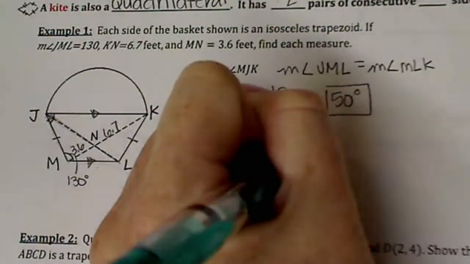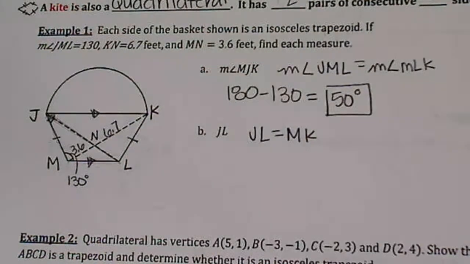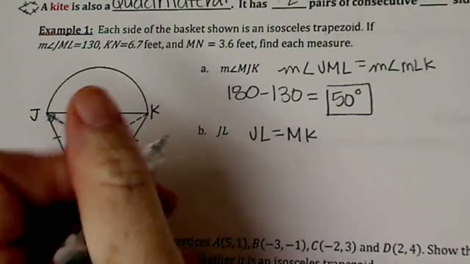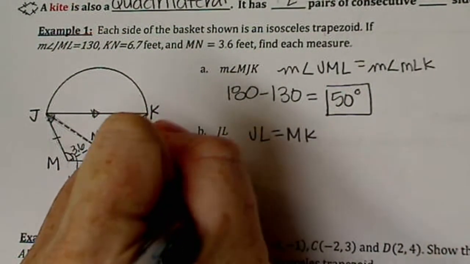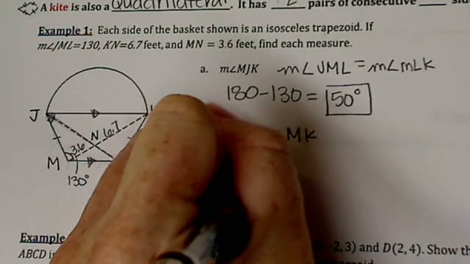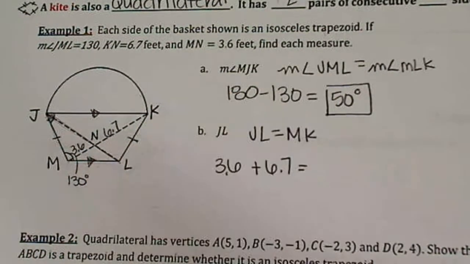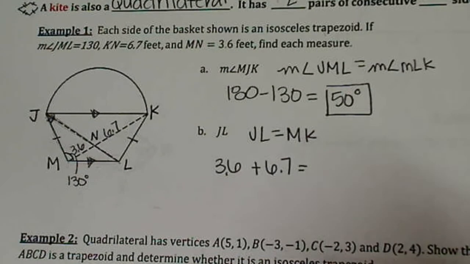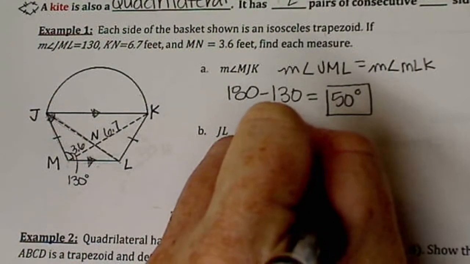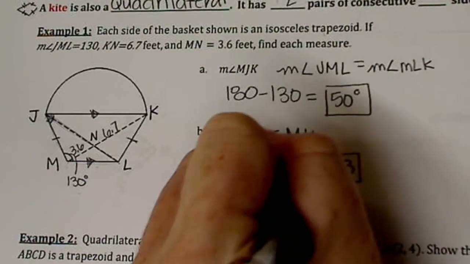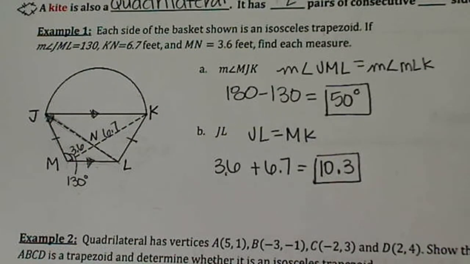JL is the same length as MK. So we just add it up. 3.6 plus 6.7 equals 10.3. And that's theorem 6.23 in your book.